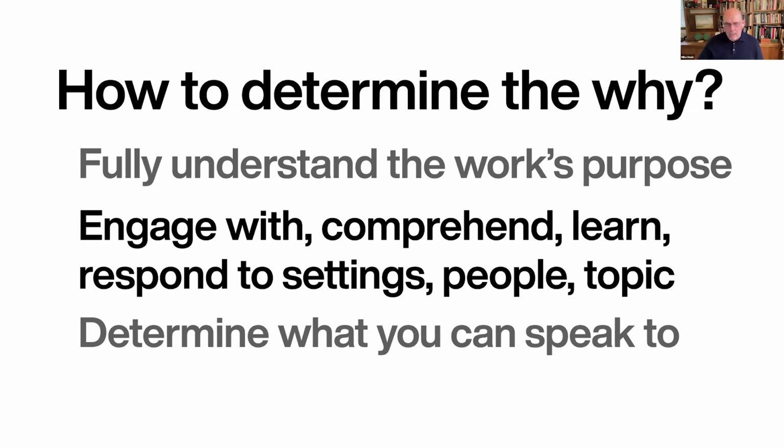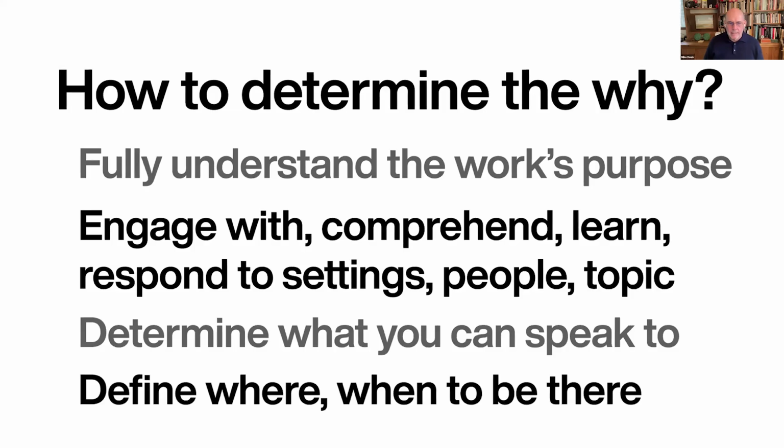Notice all of those are adjectives or adverbs. So really speaking to those qualities is the goal. And that will then start to tell you when you need to be there, where you need to be within a given setting. It becomes a self-informing process, as opposed to automatically assuming you just go when X is happening or Y is happening.